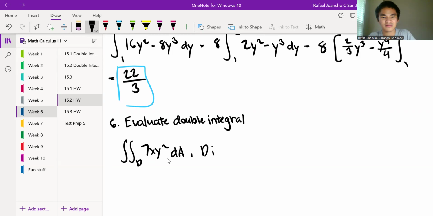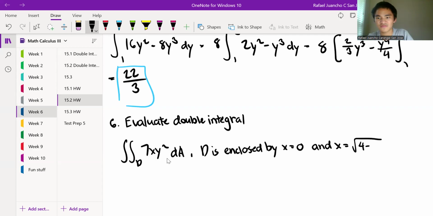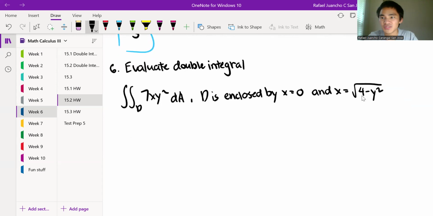Here my D is enclosed. So again, another general region by x equals 0 and x equals square root of 4 minus y squared. So again, this is one of those instances where we integrate by x first and then by y.